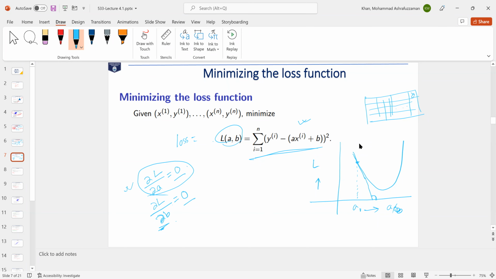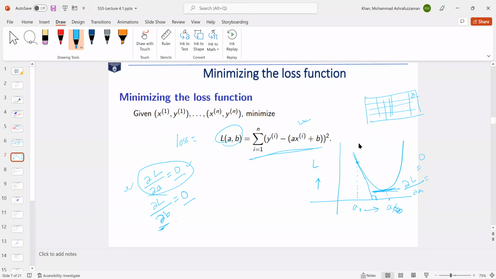Now if it becomes 0, that means we are at this point. At this point it is not 0, it will have some value. But at this point, if we take the derivative value with respect to this point, it will be 0. And because it's 0, that means we cannot minimize it anymore.